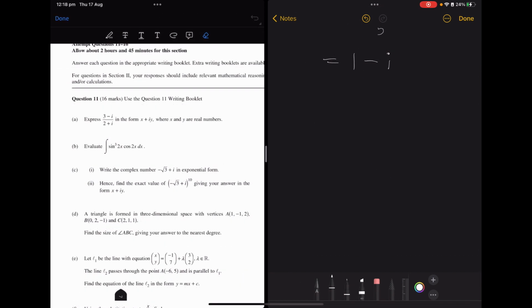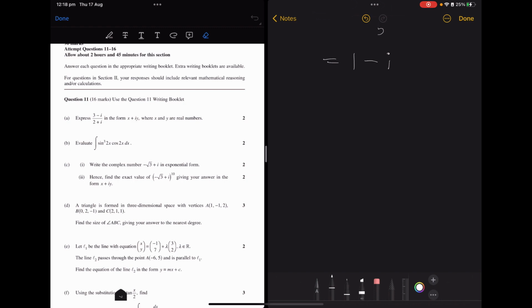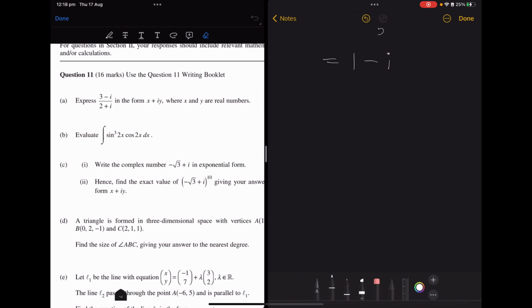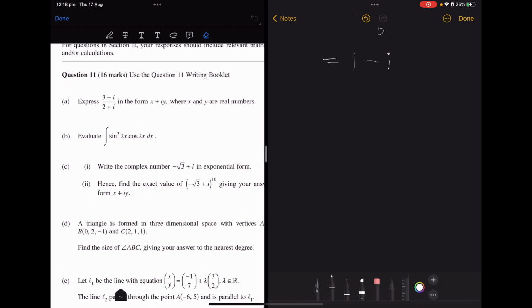So next, for part B, we have an integration of trigonometry. As you can see here, we have evaluate the integral of sine cubed 2x times cos of 2x. Looking at it, we can see that sine has a cube and we have an extra cos at the end. So that might hopefully give you an idea.